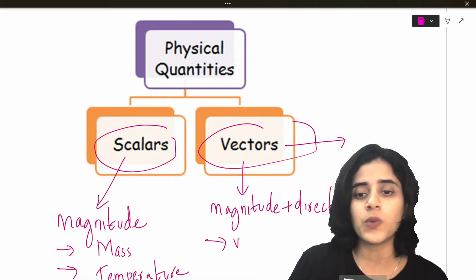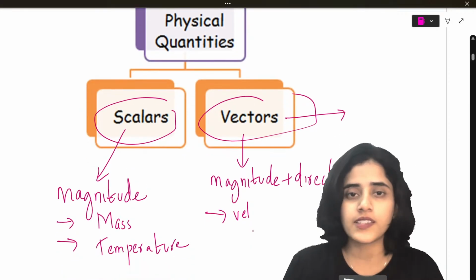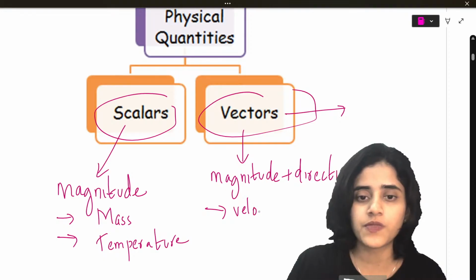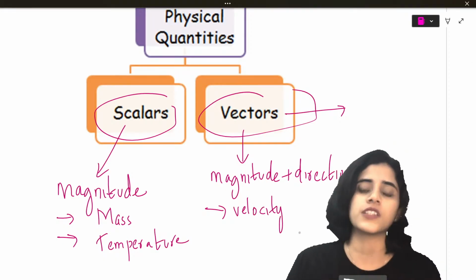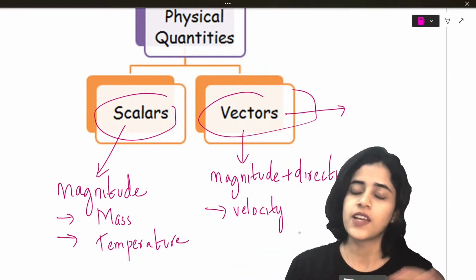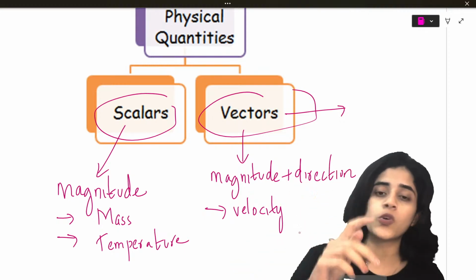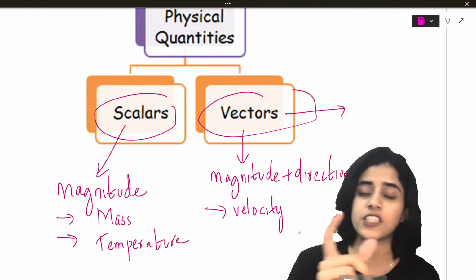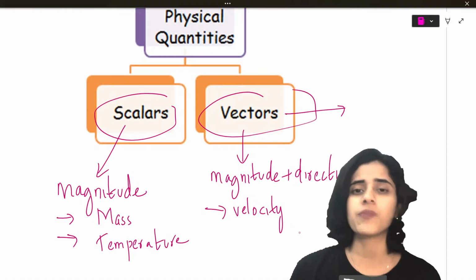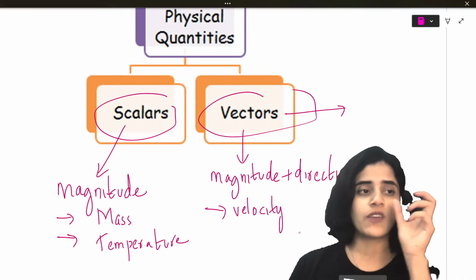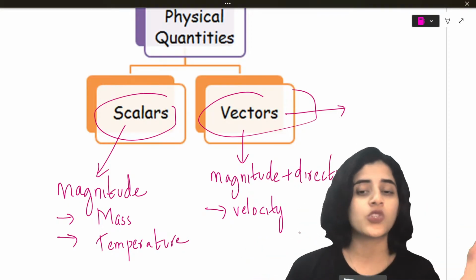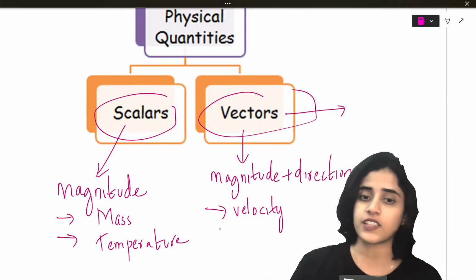An example is velocity. Velocity is basically speed with direction. When I say the boy was moving with a velocity of 5 meters per second in the forward direction, you look at the value 5 and the direction, forward. These two together become a vector.